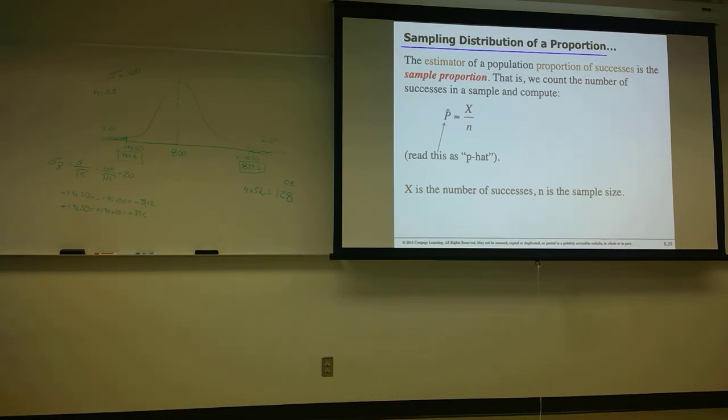So for example, you toss a coin and you have either head or tail, or you go and ask voters, and voters would be either, for example, Democrat or not Democrat. So we were dealing essentially with proportions of success. We can use sampling distribution for those cases as well, even though those cases are not continuous.